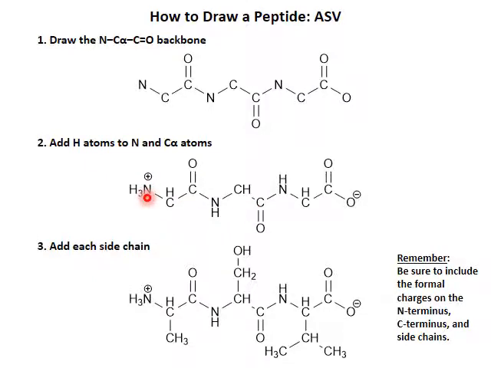So I'm going to add my hydrogens to the amino group, drawn at pH 7, so it's going to be NH3+. Add our alpha hydrogens, our amide hydrogens, and for our carboxylate, we're going to finish that off by putting the formalized negative charge there, because that carboxylic acid group would be deprotonated at pH 7. So you can clearly see your N-terminus and C-terminus now.